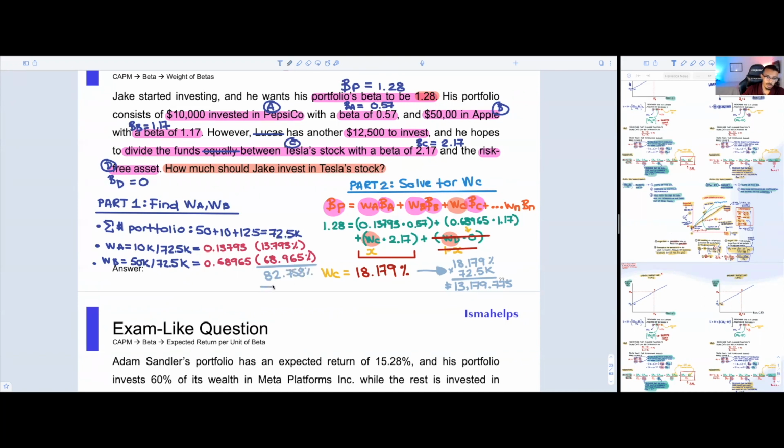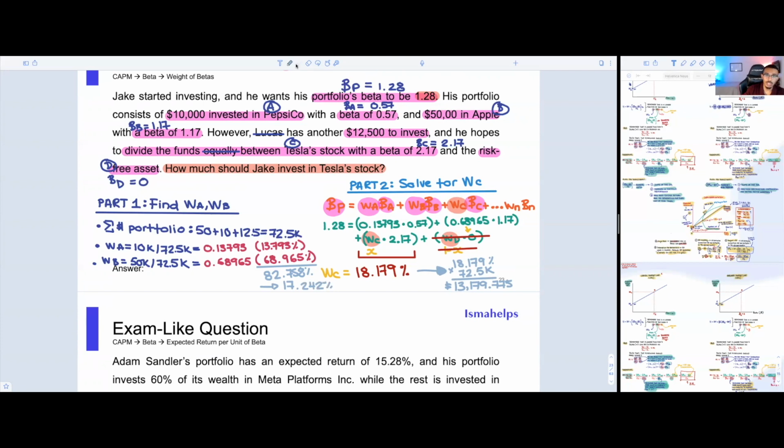Such that you would only have this much left to invest. Sorry, I'm doing this step by step. You would only have 17.242% to invest. Okay, you would only have this much to invest.